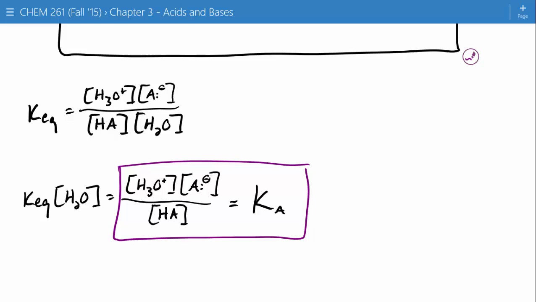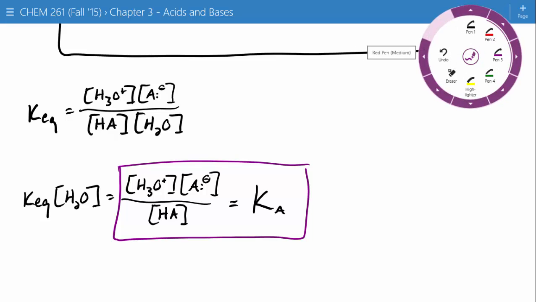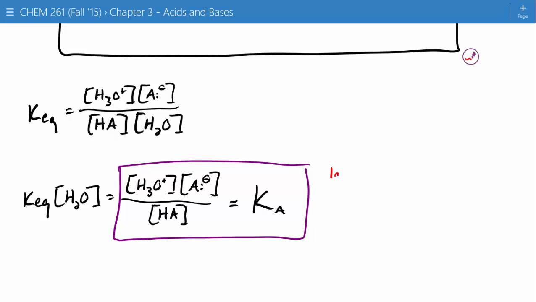The numerator is very, very big. If Ka is very, very tiny, that means we've got very, very little hydronium in solution. That means our acid's weak. So we can comparatively look at this and we can say large Ka equals strong acid, and small Ka equals a weak acid.